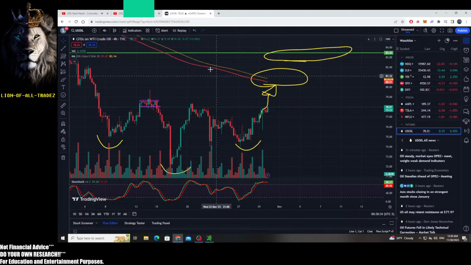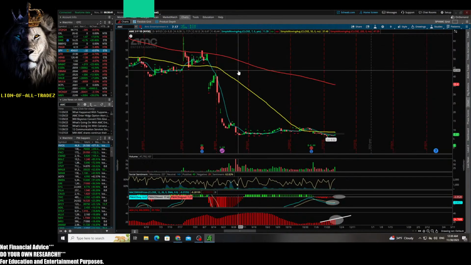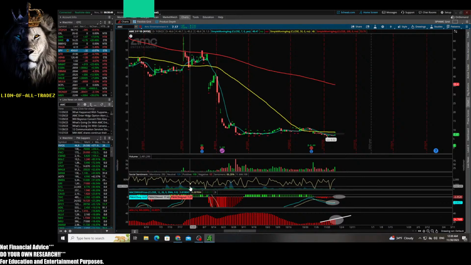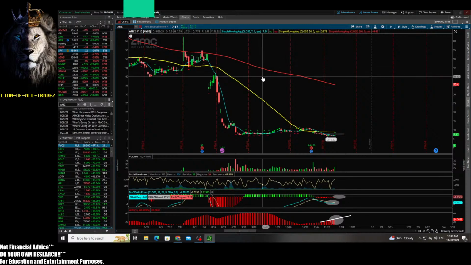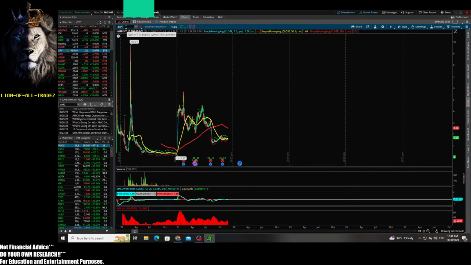Now, since we're on the topic of oil, I wanted to pretty much discuss a couple of stocks that I've been looking into correlated with oil. I know I probably went through this before, but I just gotta go through it again because I think to myself, what if things start popping again when oil pops?